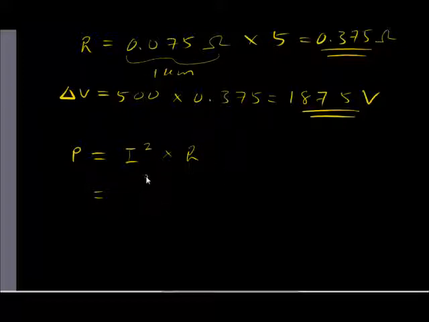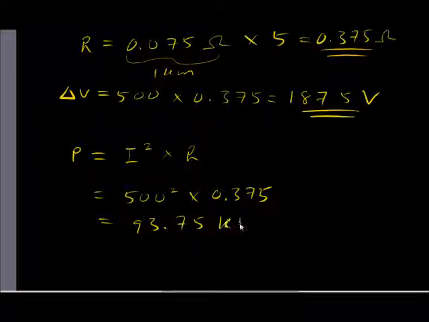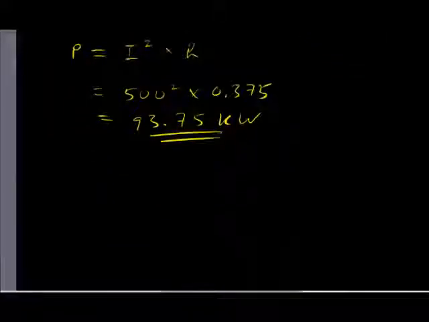Since we have already got this information in the previous part of the question, we just substitute it, and we get 93.75 kilowatt. So it's actually quite a lot of power getting lost in the cable.